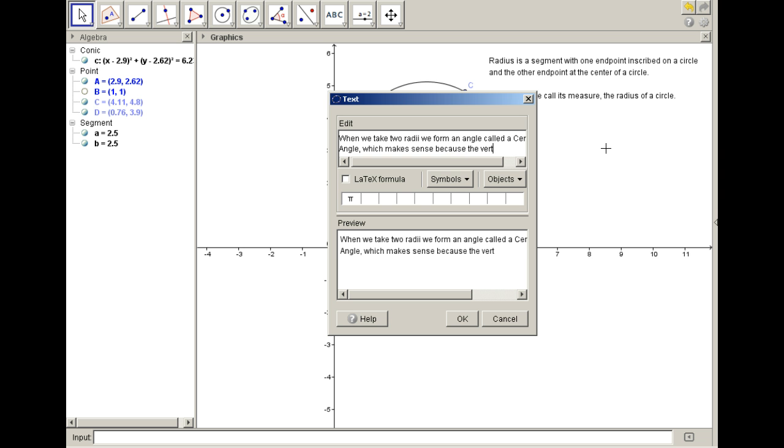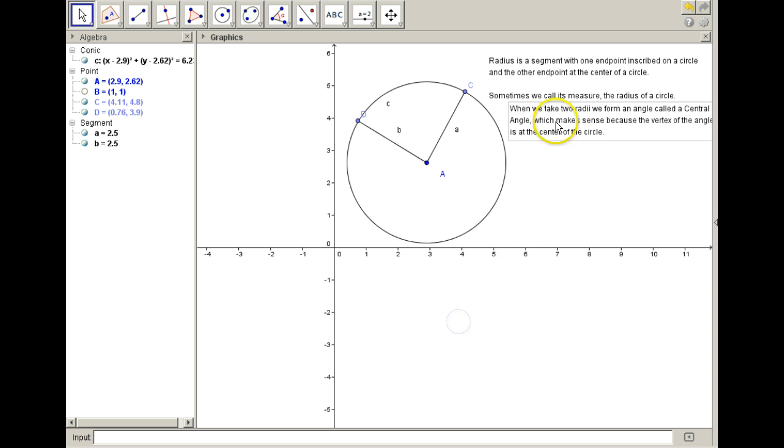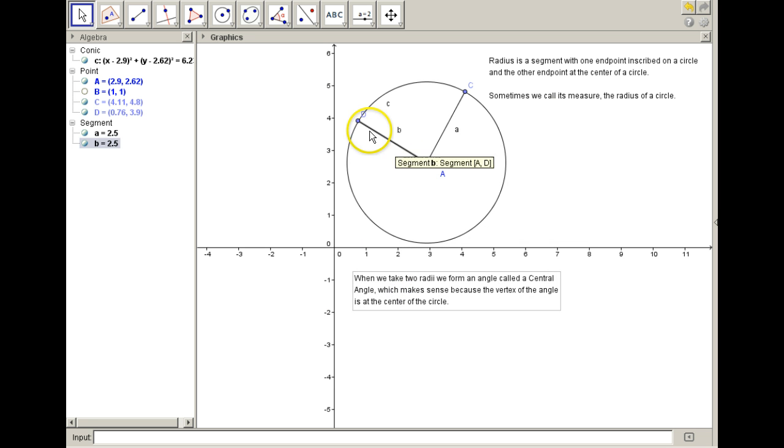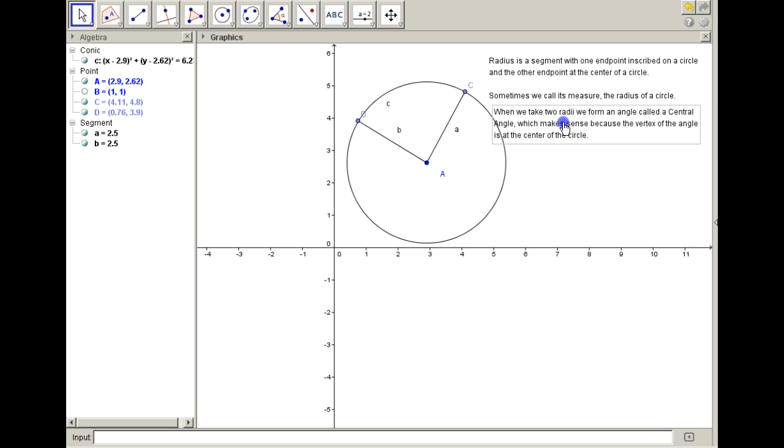Because the vertex of the angle is at the center of the circle. Let's see how that looks here. So we take two radii like AD and AC. Now we've got an angle called a central angle, and that makes sense because the vertex of this angle, DAC or CAD, is point A, and that is the center of the circle. So that's what we call a central angle.